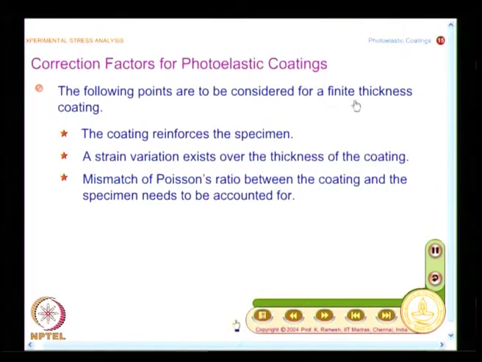So, the issue here is you have a finite thickness coating, and definitely you have to appreciate that the coating can reinforce the specimen. You must take corrective measures for that, either you bring in a correction factor or minimize the reinforcement of the specimen by the coating. And another issue is a strain variation exists over the thickness of the coating. This is very important. In which class of problems do you think that strain variation can exist?